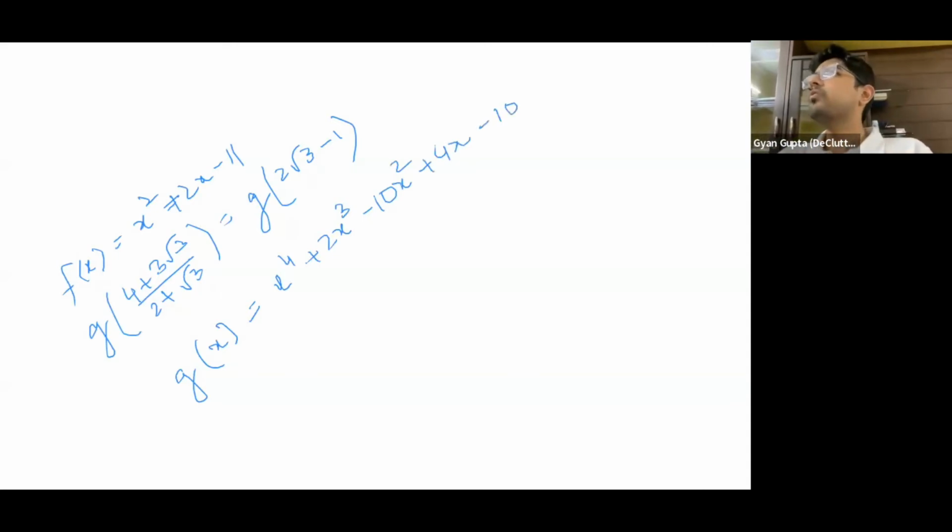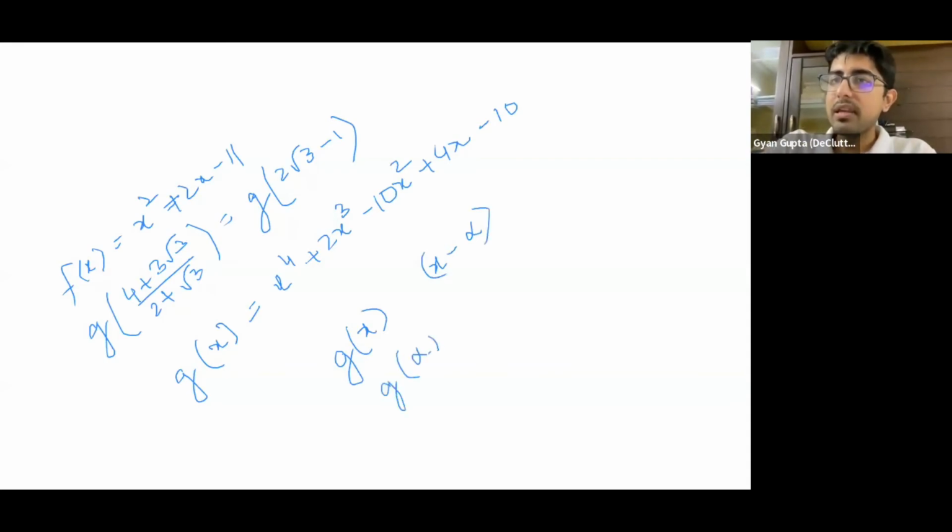Now, there was a very interesting concept in ninth grade called remainder theorem and factor theorem. Just to revise that concept, the remainder theorem stated that if g of x is divided by x minus alpha, g of alpha gives the remainder in this case. And by extension, if remainder is 0, then by factor theorem, x minus alpha is a factor of g of x.